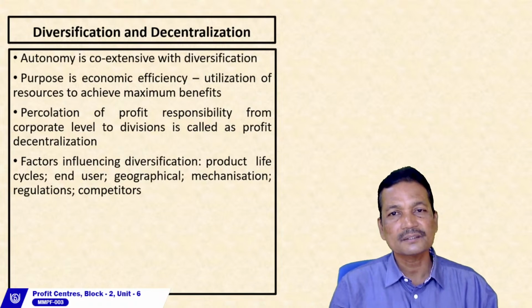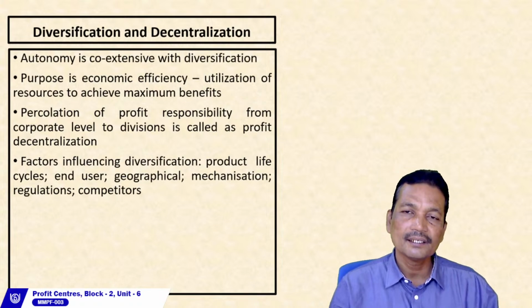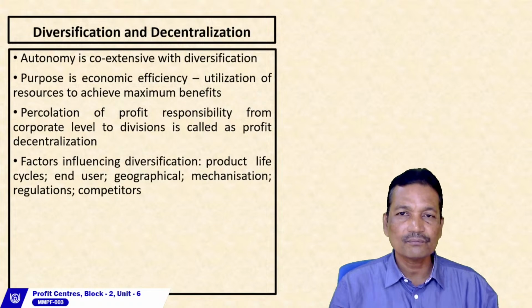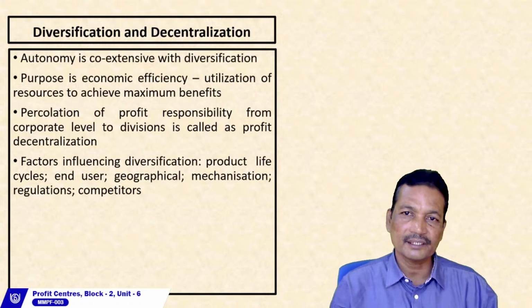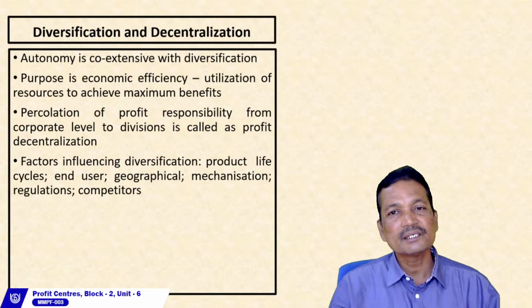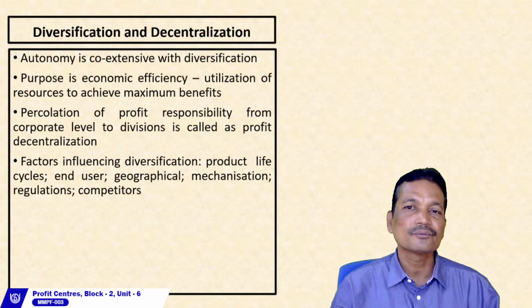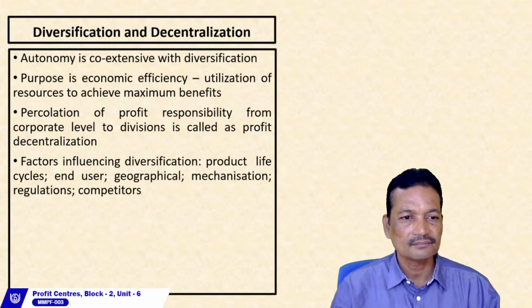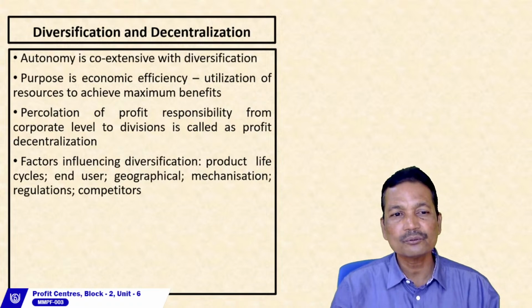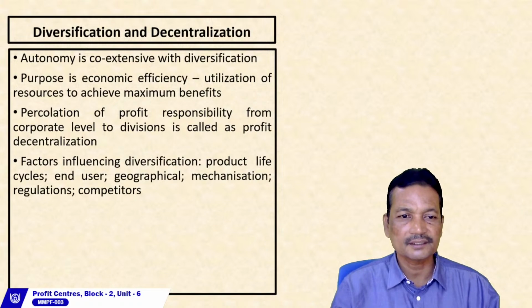So we have to diversify from the labor oriented way of doing the activities to the machine oriented activities. Regulations. Sometimes you may find certain items produced have to face a lot of regulations. There, what we have to do? We have to diversify into other spheres.